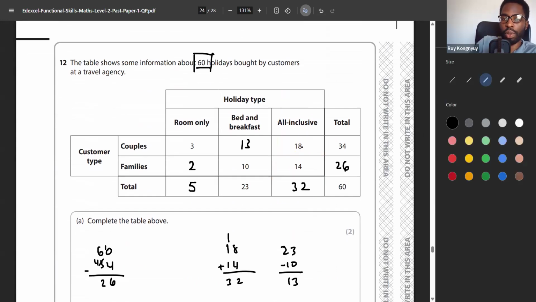So if we're looking at all inclusive again, we can see that 18 couples chose all inclusive, but 14 families chose all inclusive. So he's correct, right?